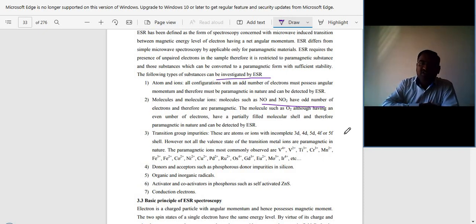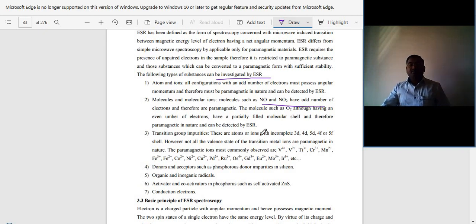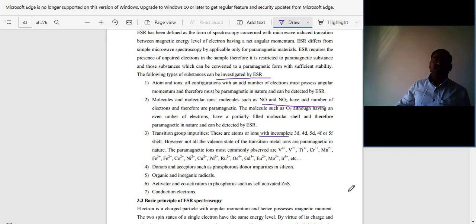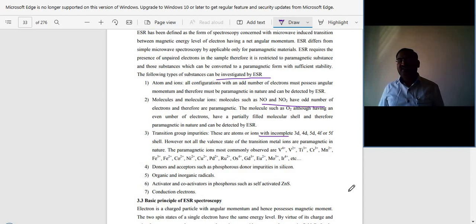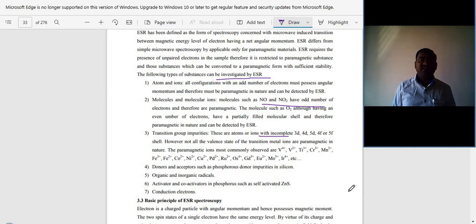Molecules such as oxygen, though having an even number of electrons, have partially filled molecular shells and therefore are paramagnetic in nature and can be detected by ESR. Also atoms or ions with incomplete 3d, 4d, 5d, 4f, 5f shells.